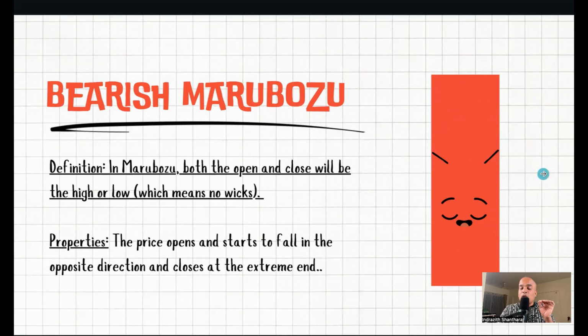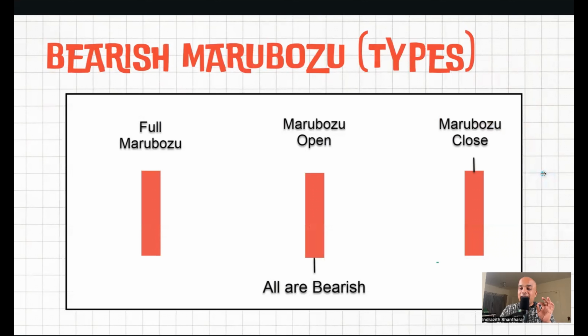Okay, now once again, similar to the types of bullish Marubozu, there are three types of bearish Marubozu as well. Once again, this is a proper full Marubozu, a powerful Marubozu. Now, this is a Marubozu open, because the open price itself is the high.